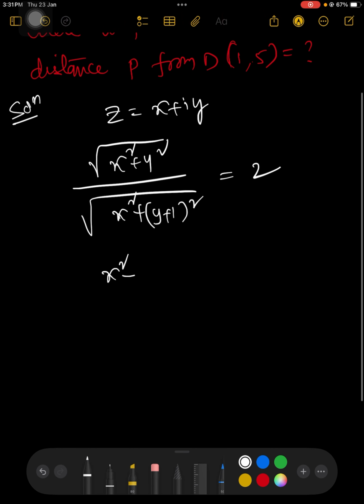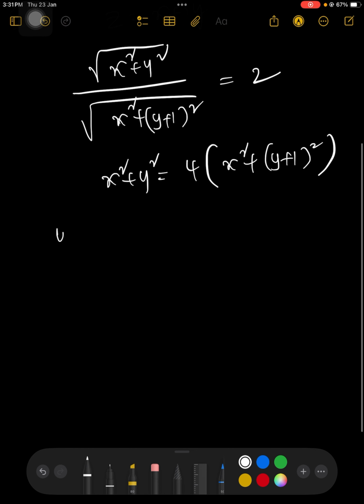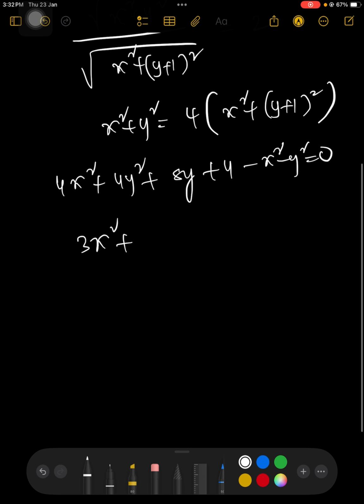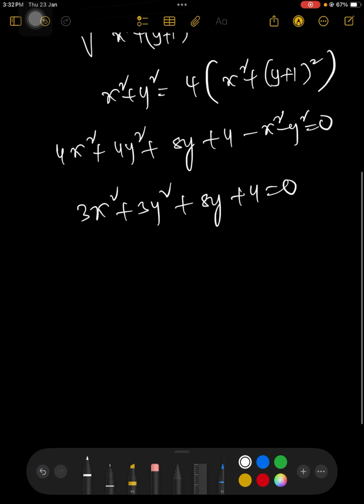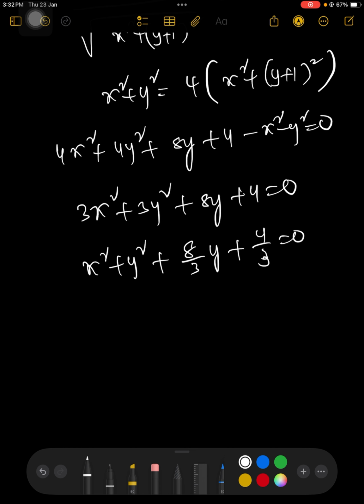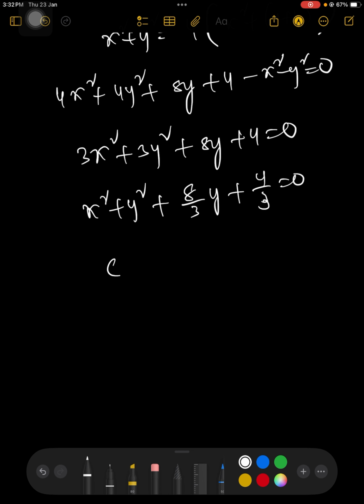Squaring on both sides, x square plus y square equal to 4 times (x square plus (y plus 1) whole square), so it is 4x square plus 4y square plus 8y plus 4 minus x square minus y square equal to 0, that is 3x square plus 3y square plus 8y plus 4 equal to 0. Dividing by 3, it is x square plus y square plus 8 by 3 y plus 4 by 3 equal to 0.